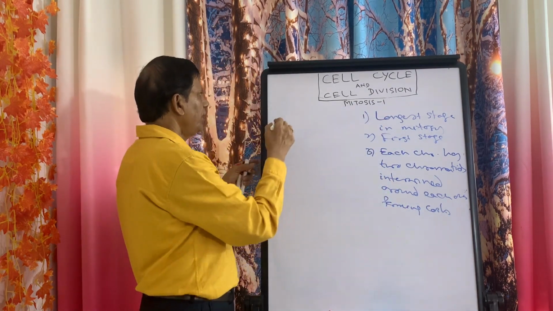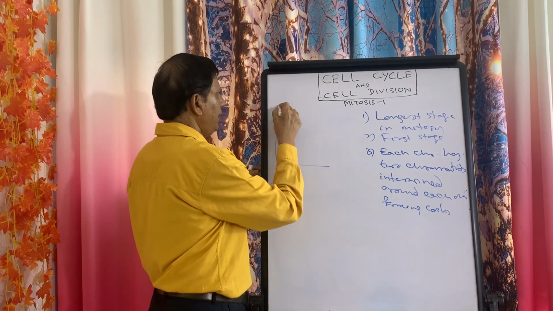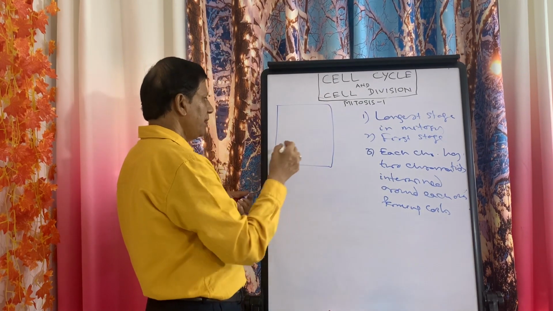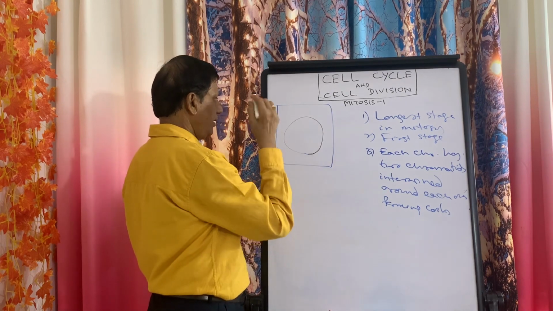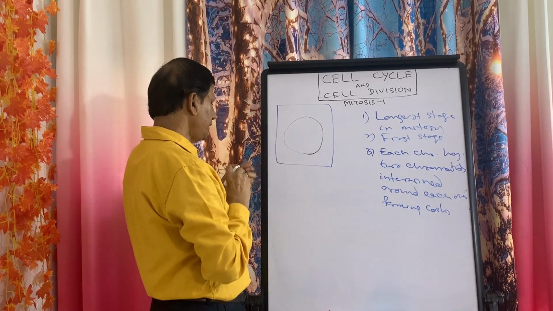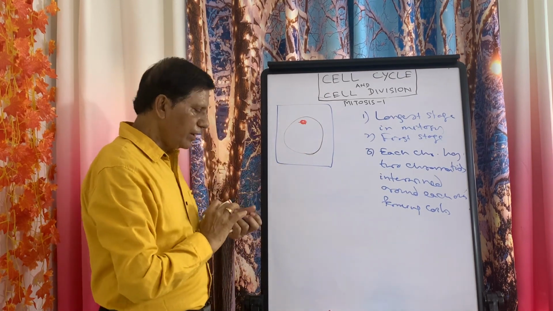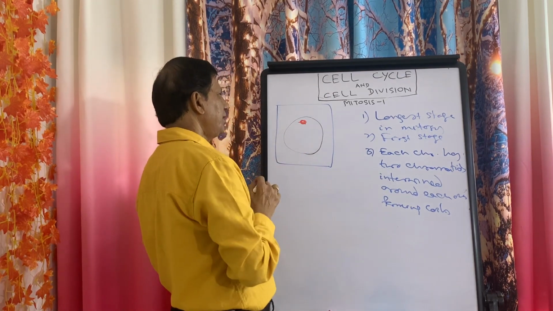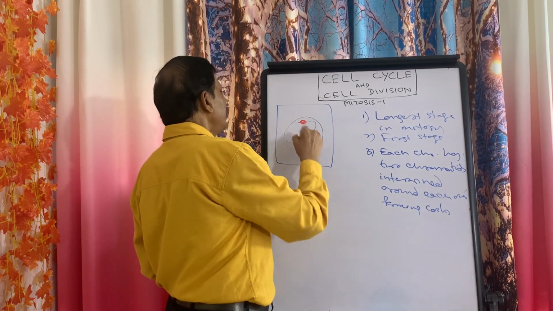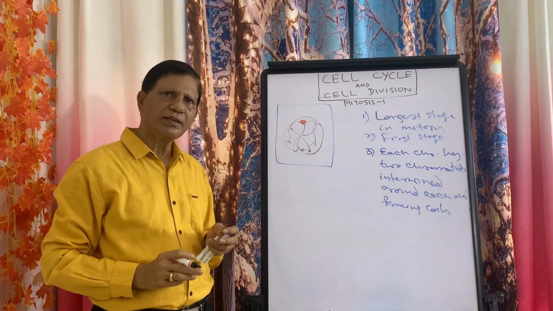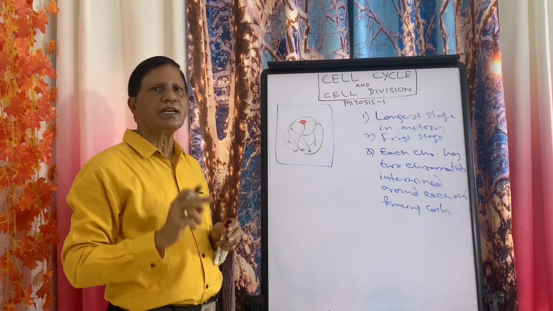So suppose this is one cell, and within this cell, this is the nuclear membrane and nucleus, and within this the nucleolus is there. Now the chromosomes which are present are like this, not so distinct, but each chromosome has two chromatids attached at the centromere.